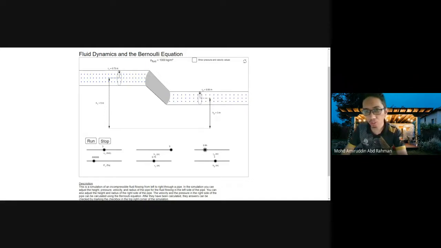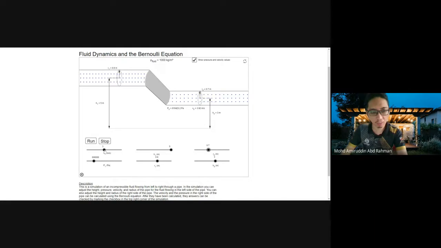The thing is, you need to ensure how to make the velocity in both fluids similar. So adjust that. You need to make the velocity similar.